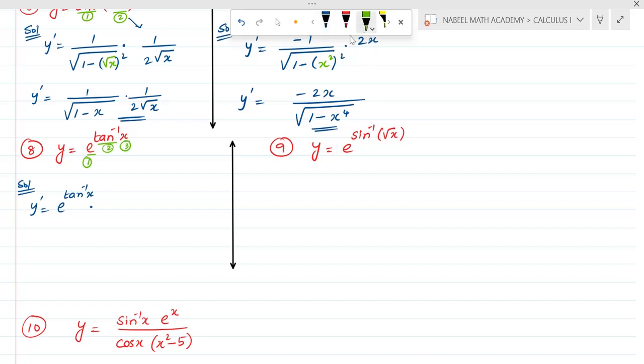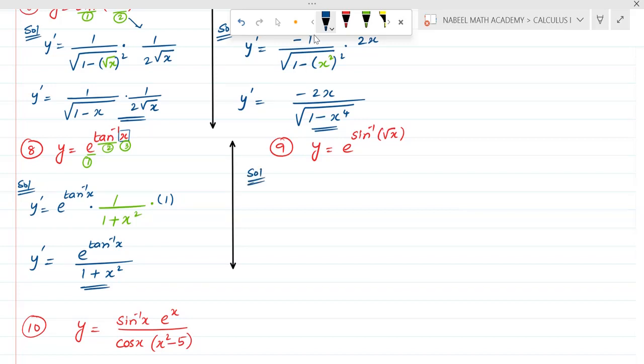Now what is the derivative of tan inverse? It is 1 over 1 plus x square. This is also done. Now when you go with the last part, what is the differentiation of x? It is equal to 1. Usually we are not writing it. Suppose if it is x square, I will write it 2x. So what is the final answer? You will have here e to the power tan inverse x over 1 plus x square.